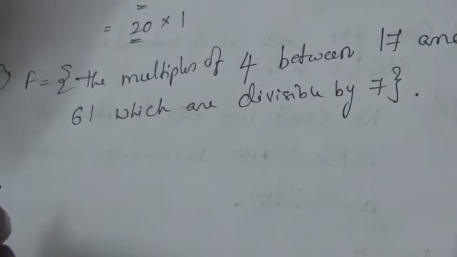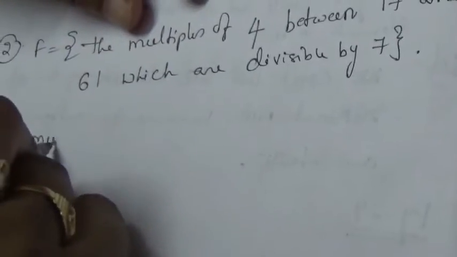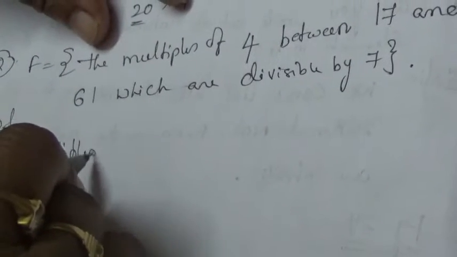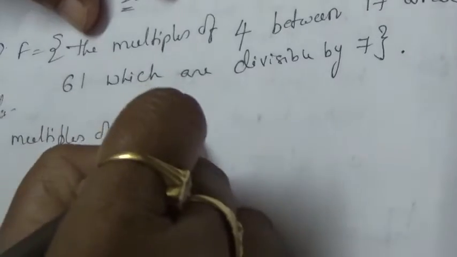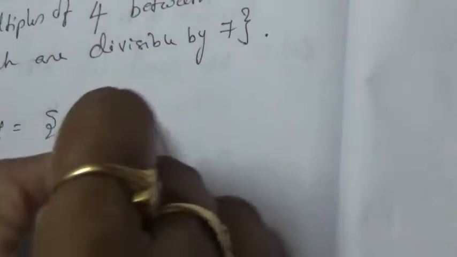First of all, we have to write the multiples of 4: 4, 8, 12, 16, just like this.